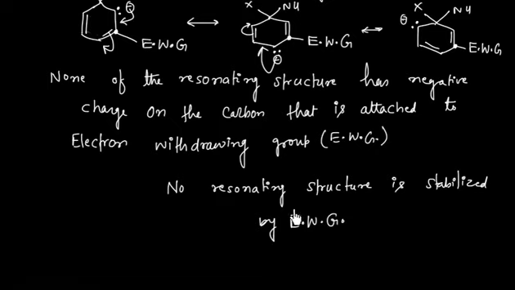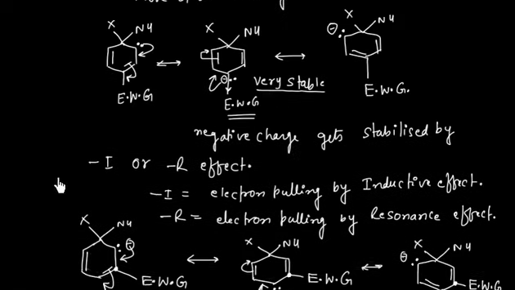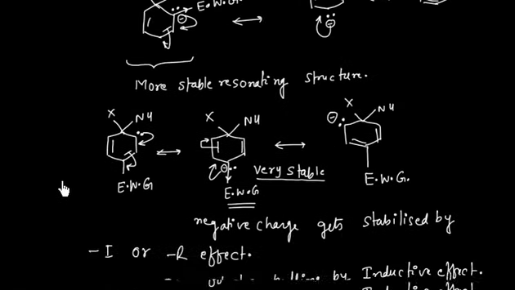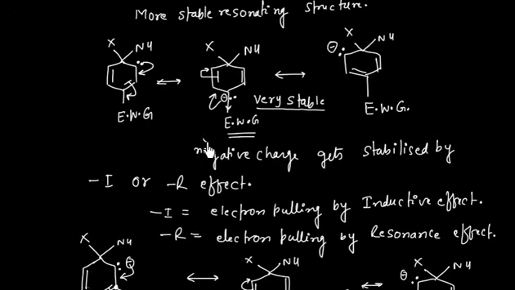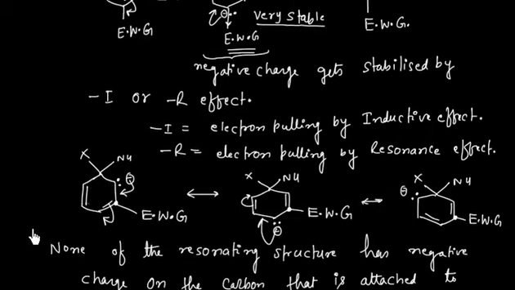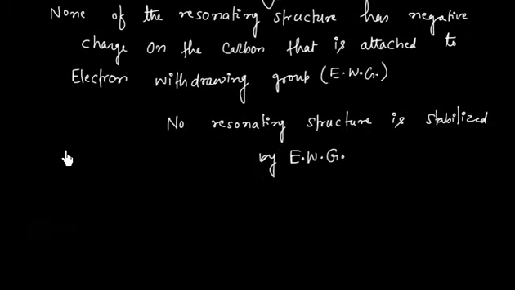So now we can say in case of ortho and para we have two resonating structures, this one in case of ortho and this one in case of para, that are stabilized very strongly. So if attack happens on a carbon that contains an ortho and para electron withdrawing group, this will be stabilized.